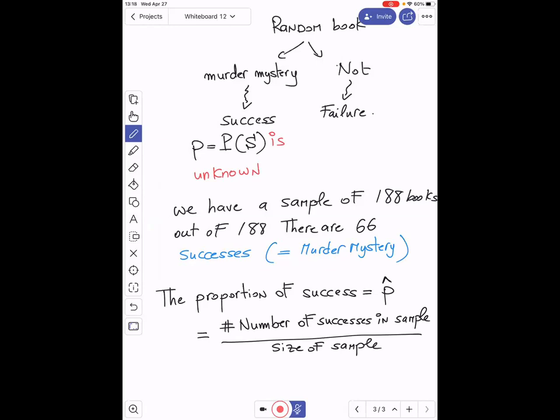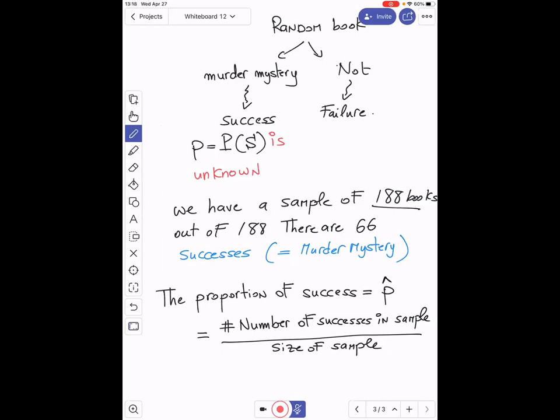Okay, so that's what I mean by the proportion of successes here, or proportion of success. So just the number of successes over the size of the sample. Like here, we have this sample of 188 books, and it turns out that 66 are murder mysteries.